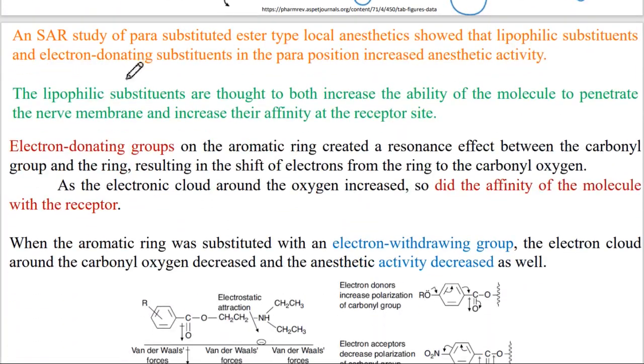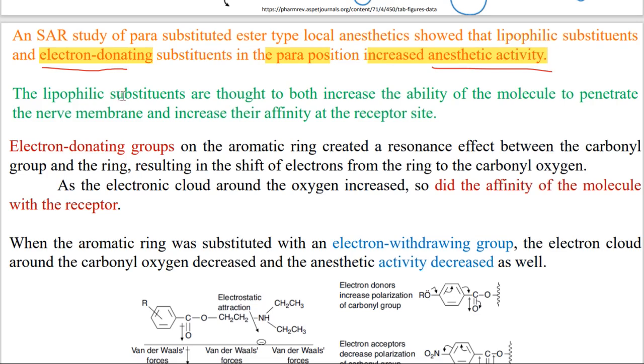Now, SAR studies of para-substituted ester type local anesthetics showed that lipophilic substituents and electron donating substituents in the para position increase the anesthetic activity. SAR studies have shown that para substituents of local anesthetics, especially the ester type ones, and the electron donating substituents, please remember it is electron donating substituents, in the para position increase the local anesthetic activity.